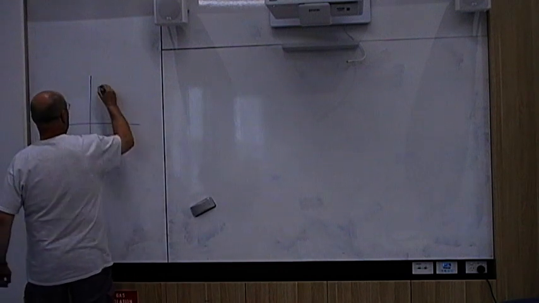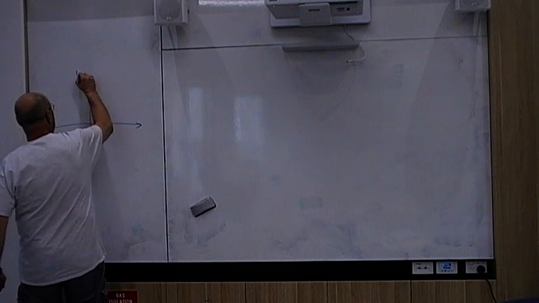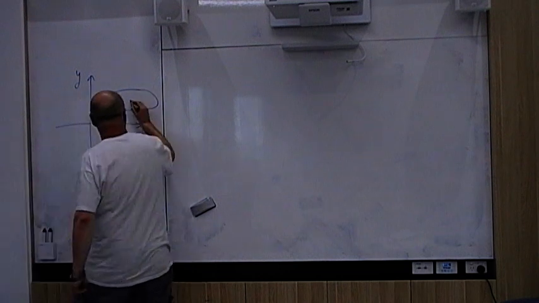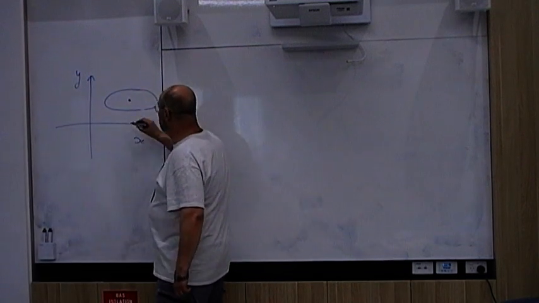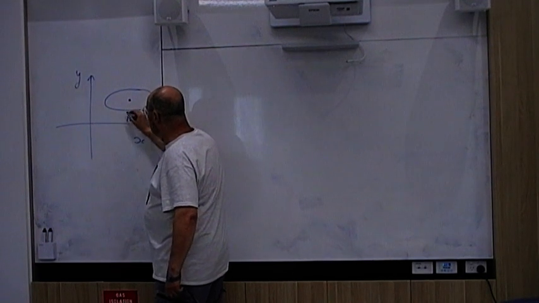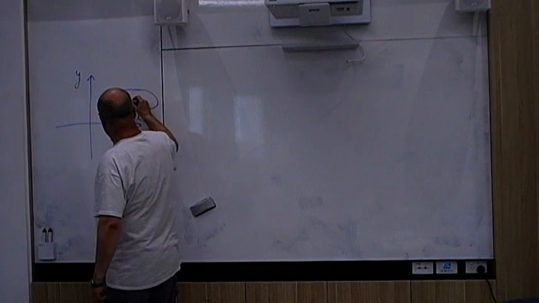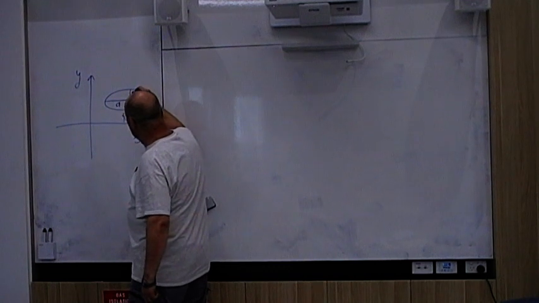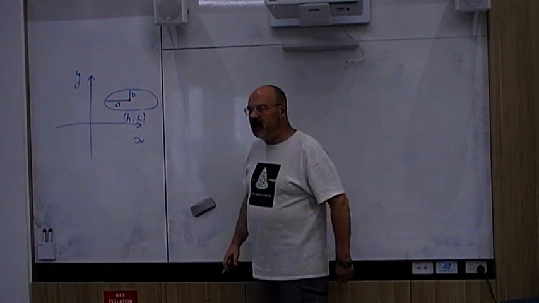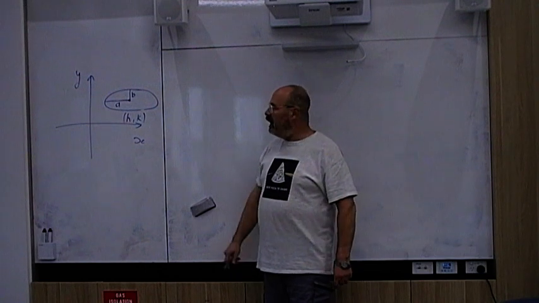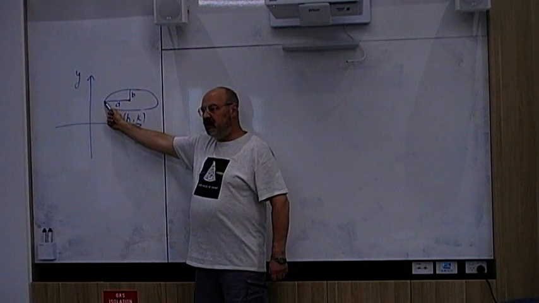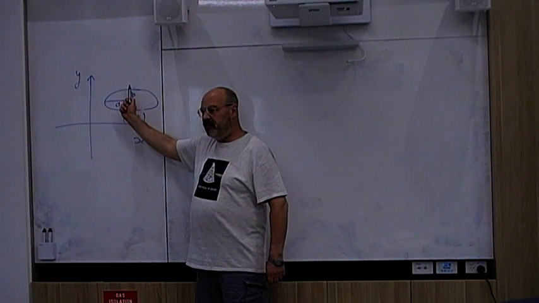If we have an ellipse not at the center of the Cartesian plane, if we have an ellipse here with the center (h, k), and this distance is called semi-axis a, and in the vertical direction it's b. So we have an ellipse, we have a center, and we have semi-axes, from the center here and from the center here.